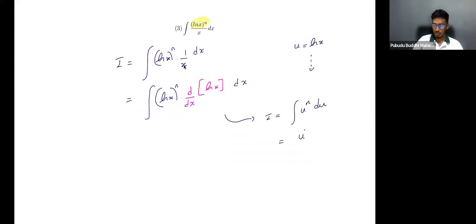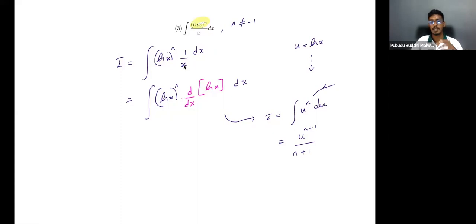Then u to the power of n plus 1 over n plus 1. Actually, I should mention here, n should not equal minus 1. There is a reason. Because we can't apply the power rule of integration when n equals minus 1. Right?